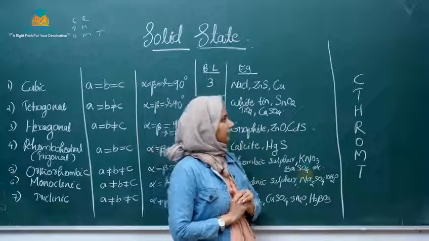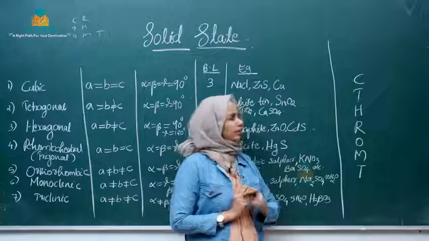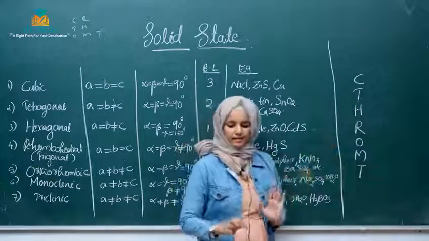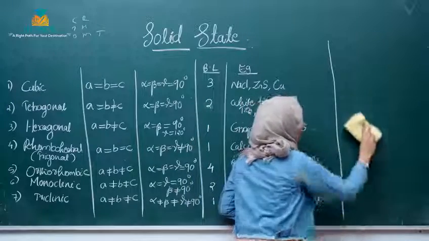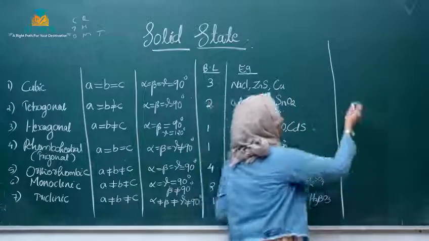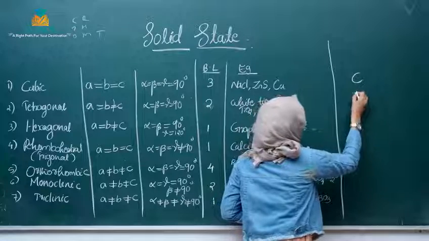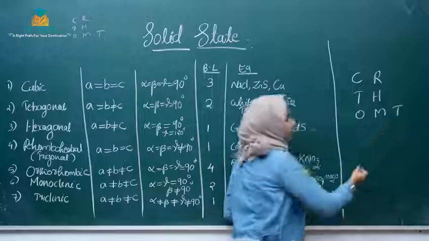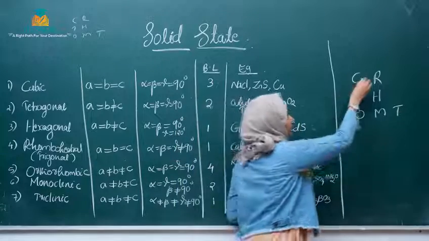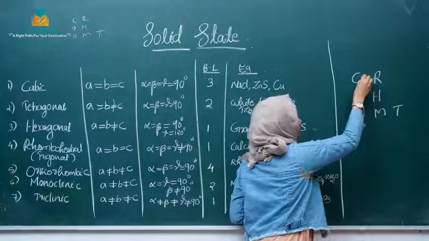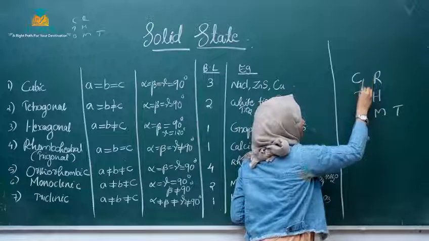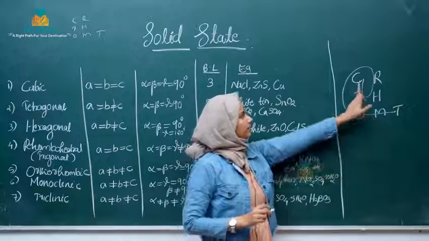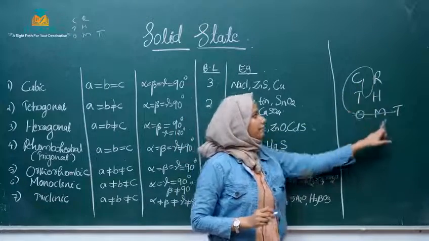First one is the cubic system, then we have tetragonal. How will you write this? Listen here. Suppose you are writing this C-thrombed like this, C-T-H-R-O-M-E-T.